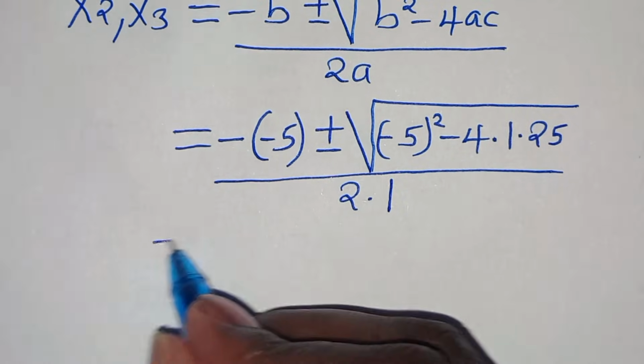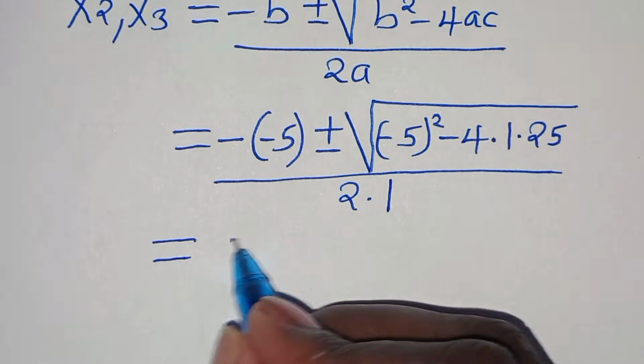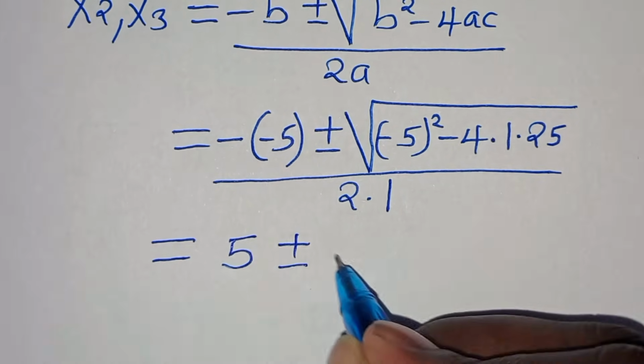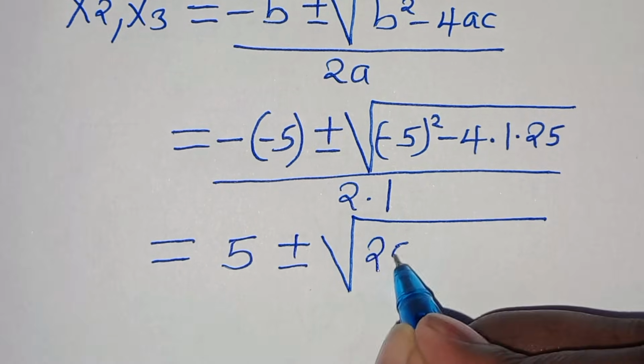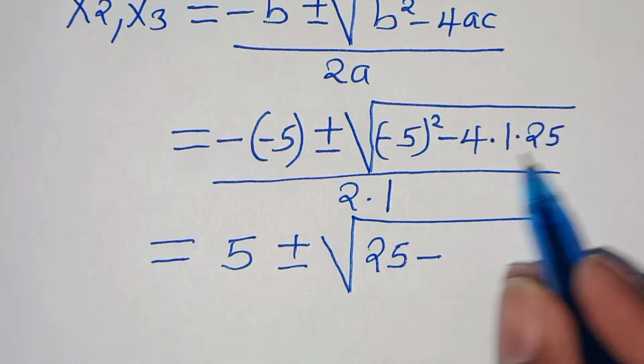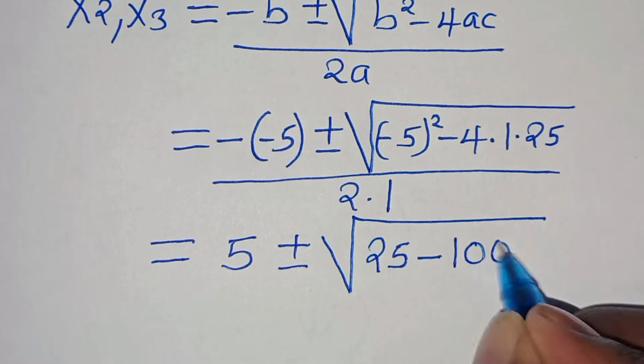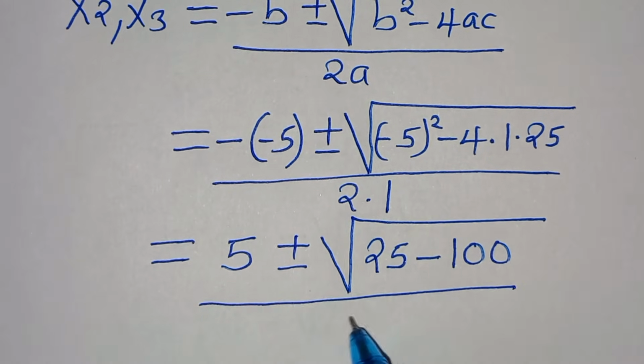So this means that we have minus times minus 5, which is 5, plus or minus the square root of minus 5 squared, which is 25, subtract 4 times 25, which is minus 100, everything divided by 2.